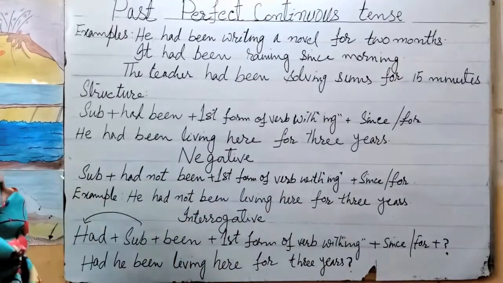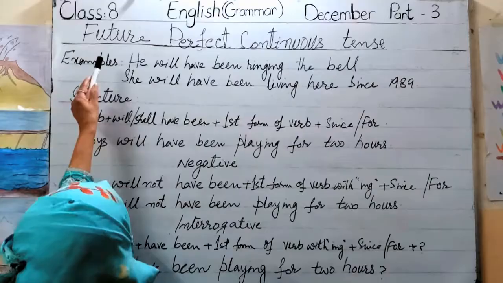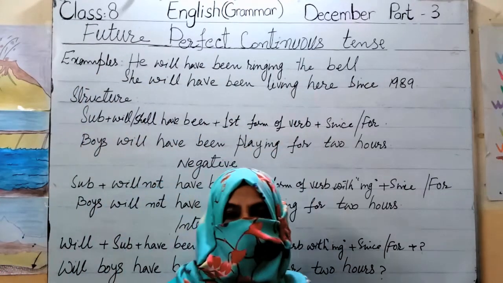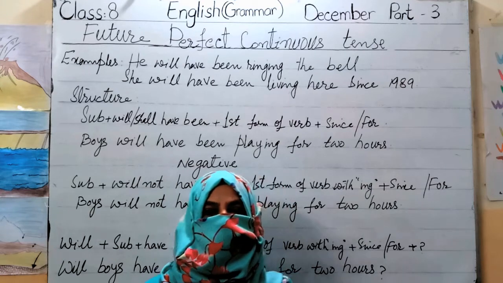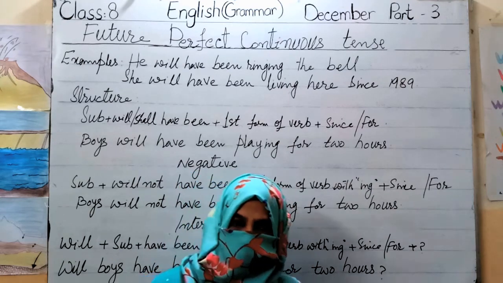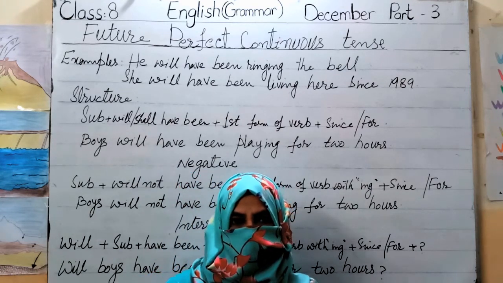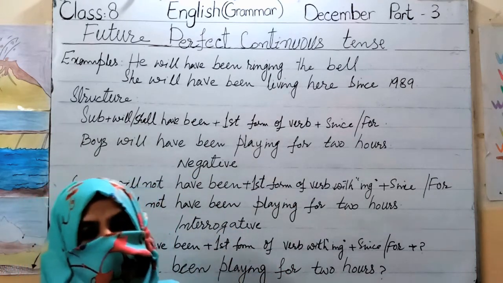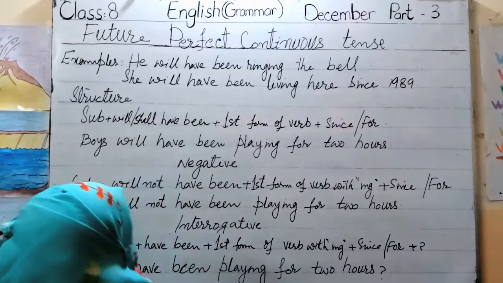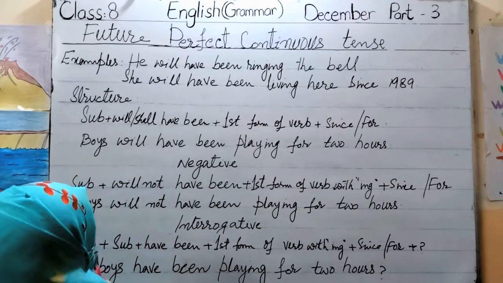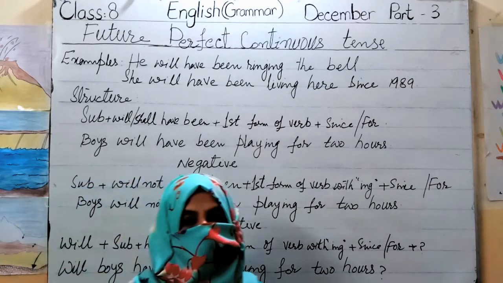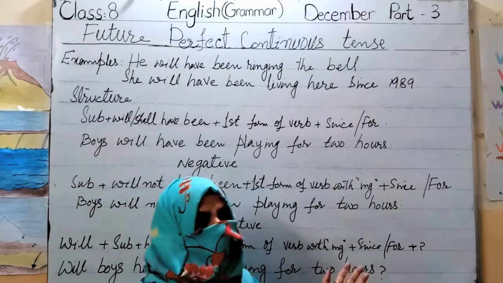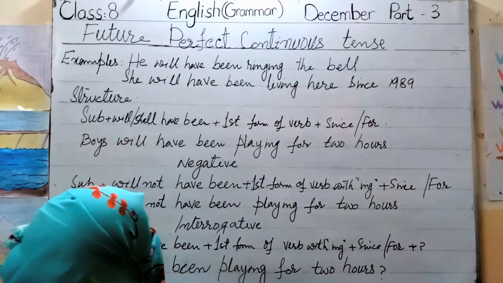Let's move towards the next tense, future perfect continuous tense. What is future perfect continuous tense, beta? This tense is used when an action will be in progress over a period of time and that ends in the future.